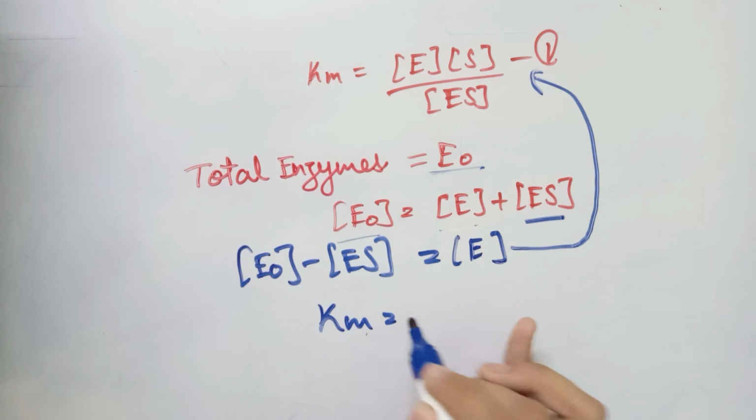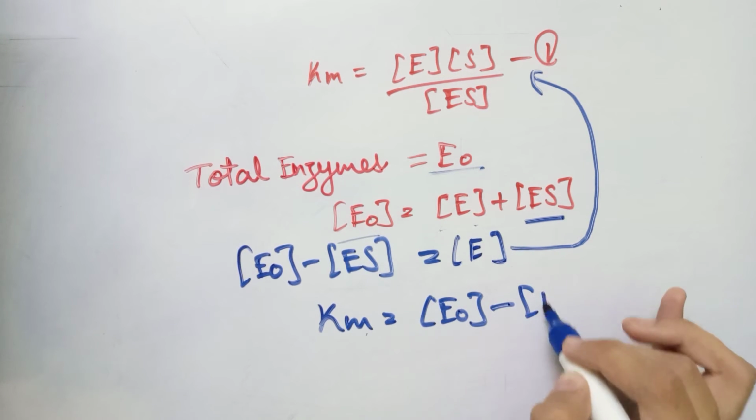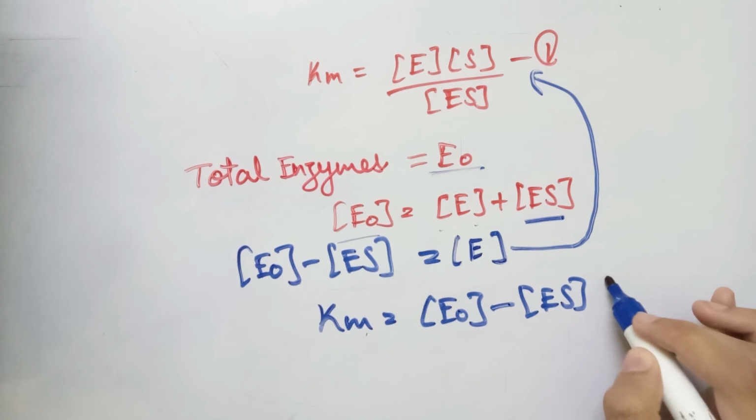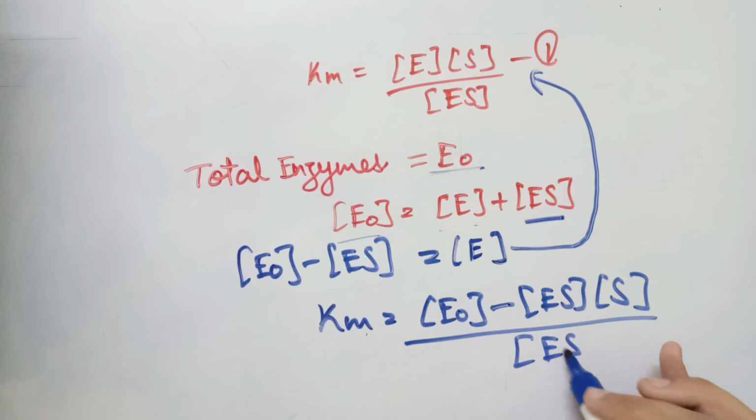Then this will become E naught concentration minus enzyme substrate concentration, multiplied by substrate concentration, divided by enzyme substrate concentration.